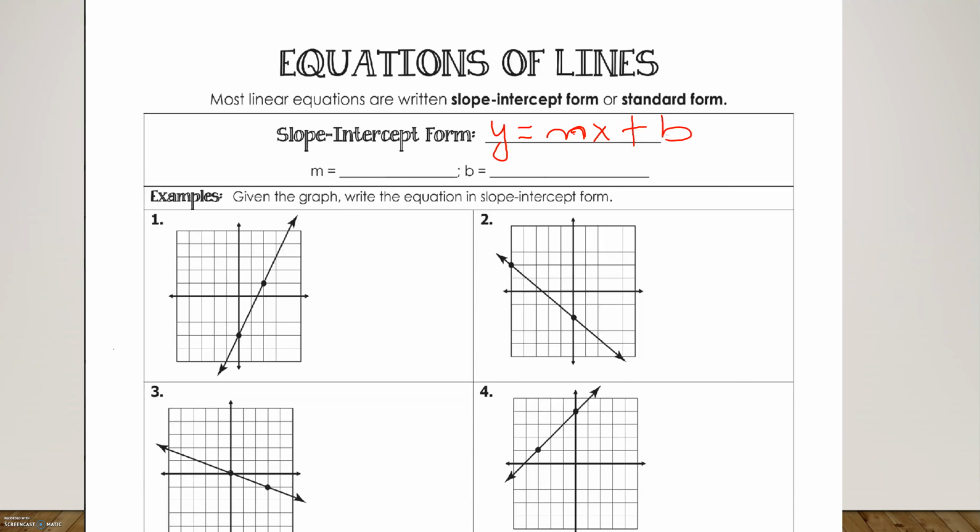Okay, m is the slope and b is the y-intercept.